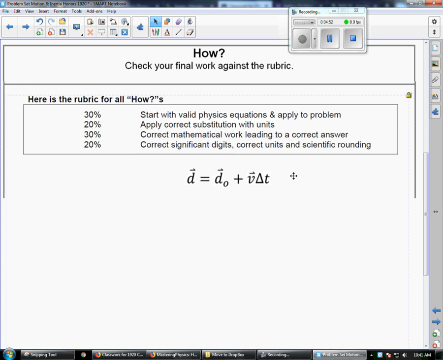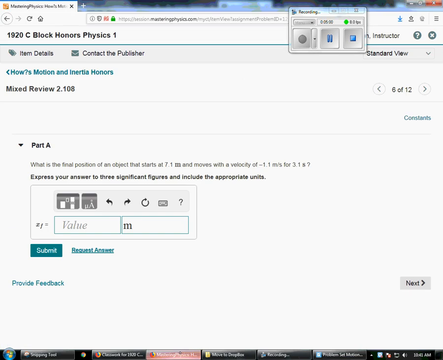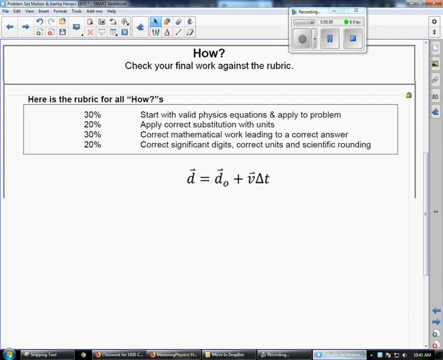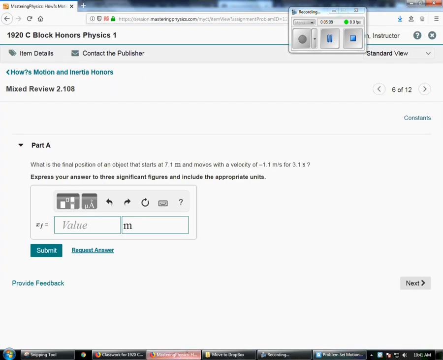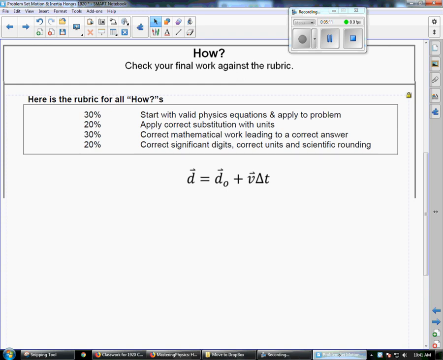And now I need to pull information from my problem. My problem tells me that I want to know the final position, so that would be D, where I end up. I don't know that, so we'll write in D, and I'm going to remind myself that it's a vector, so it can be positive or negative.